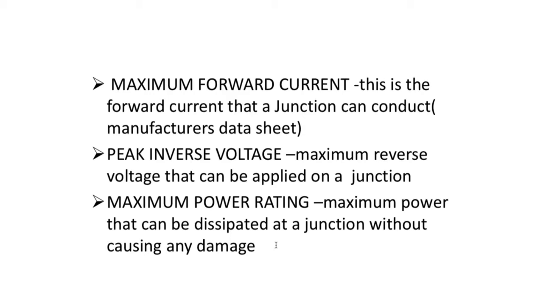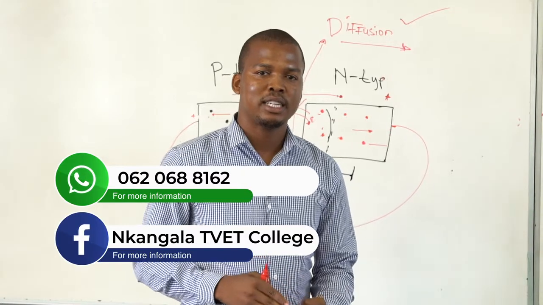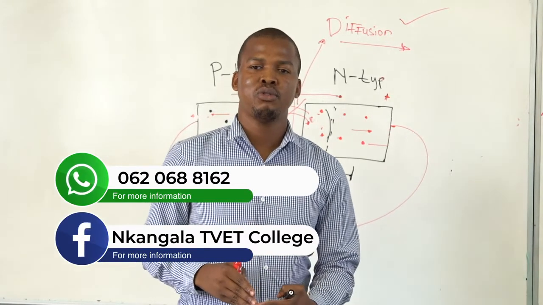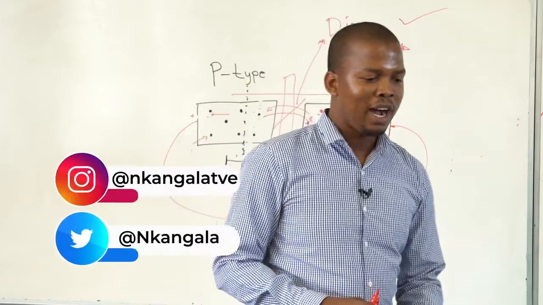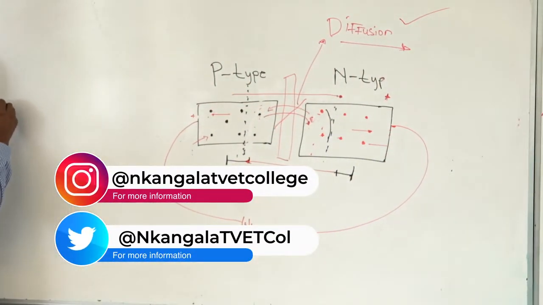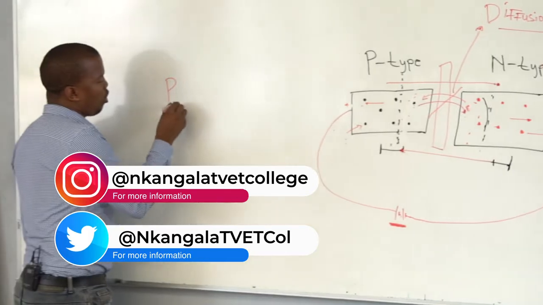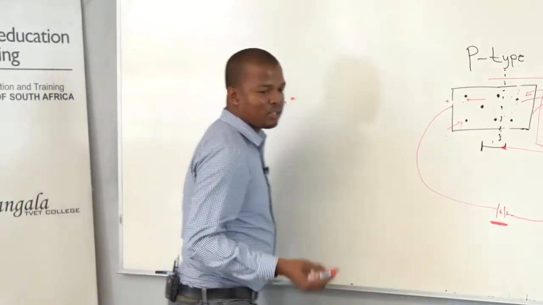In this case, when they are talking about the maximum power, they are talking about the power that is allowed to pass through the PN junction. You must not exceed that power. And to find the maximum power, you get it by doing what?